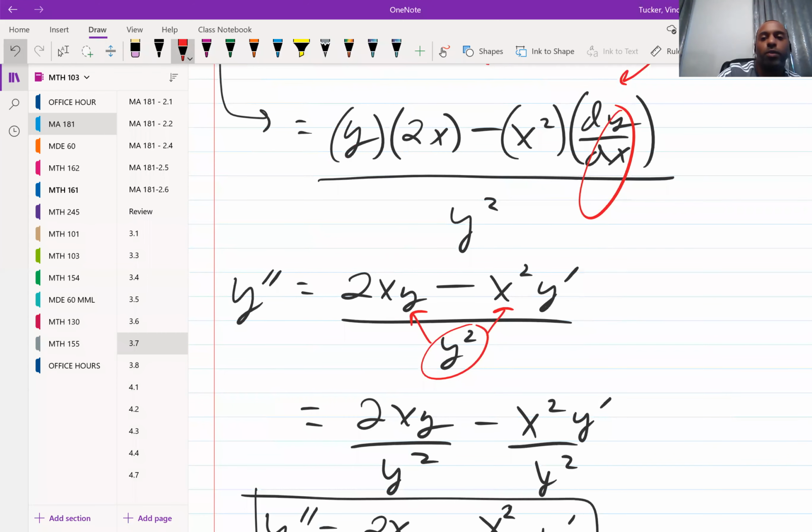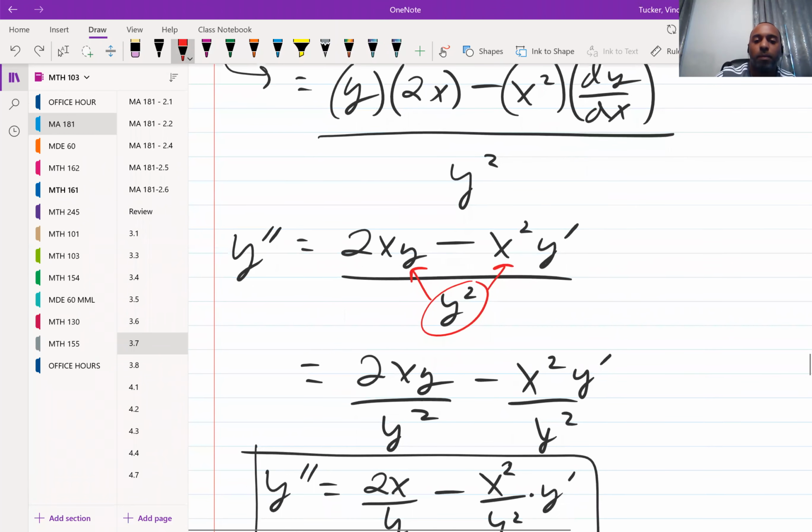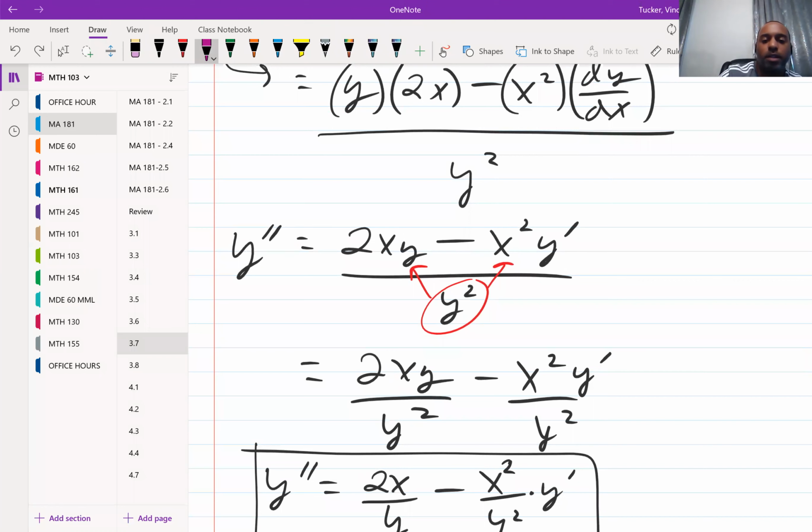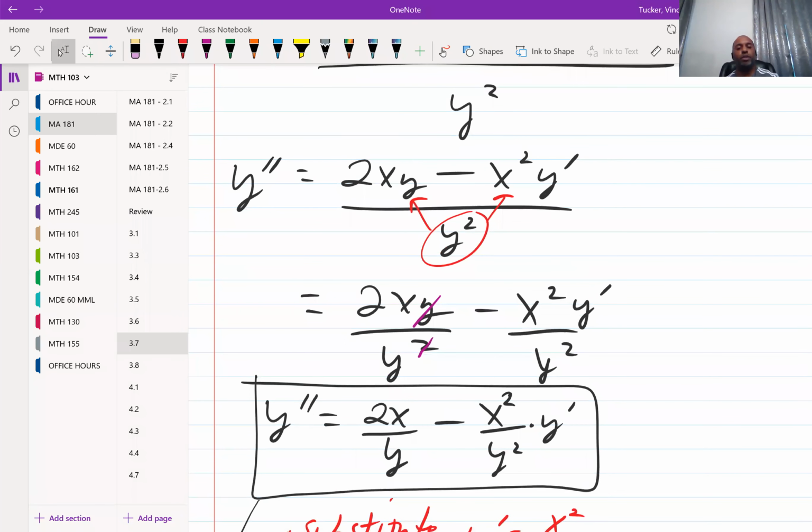I was just writing it shorthand there. And then this y squared and one of these x's will cancel. And so that would be 2x over y minus x squared over y squared times y prime. And we're almost finished.